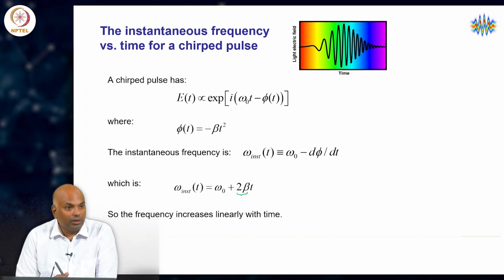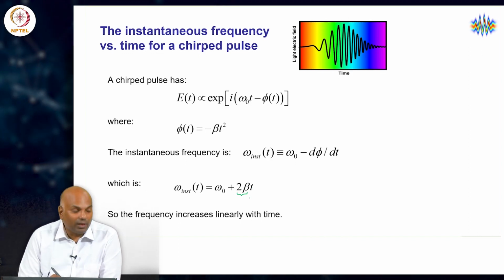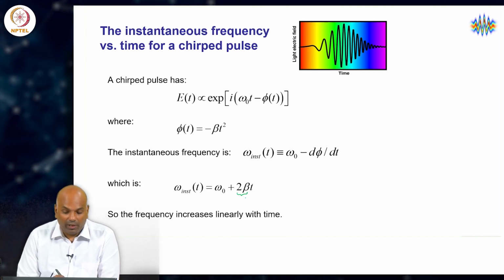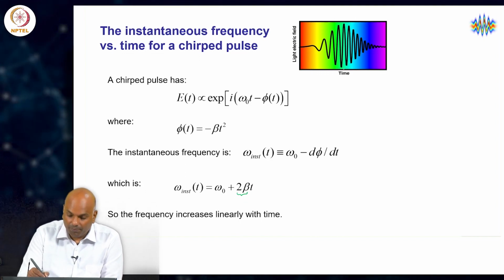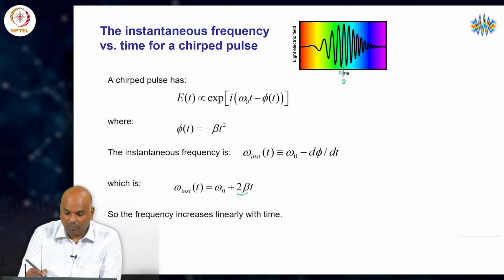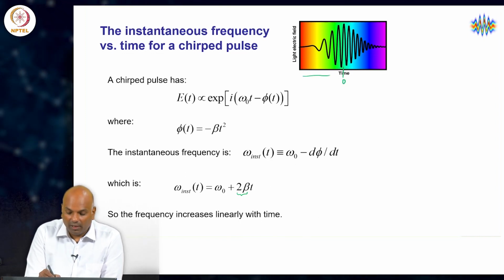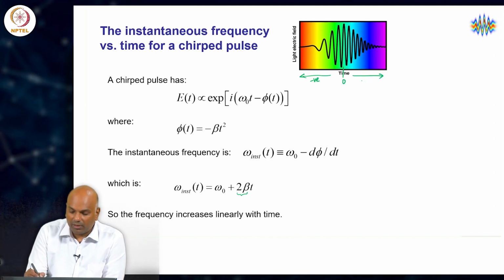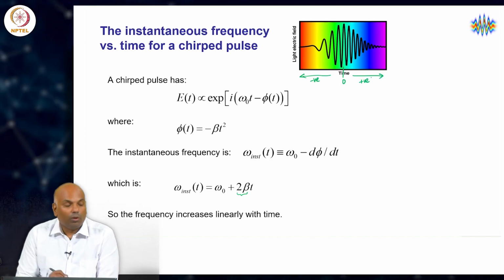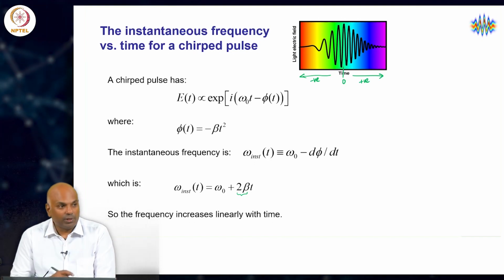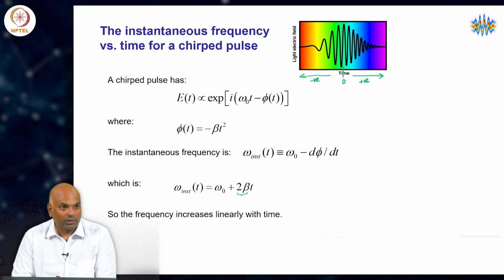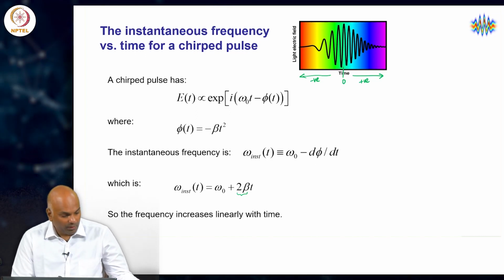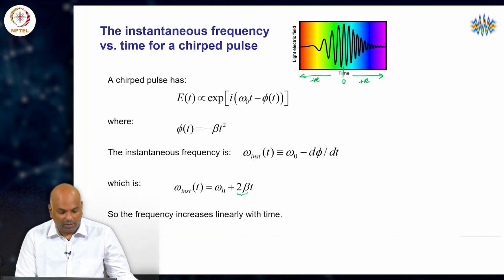Here understand that t again can take negative and positive values. So, twice beta t subtracts from the carrier frequency on the negative side of the time scale, and it adds on to the carrier frequency on the positive time side. So, the frequency increases linearly with time.